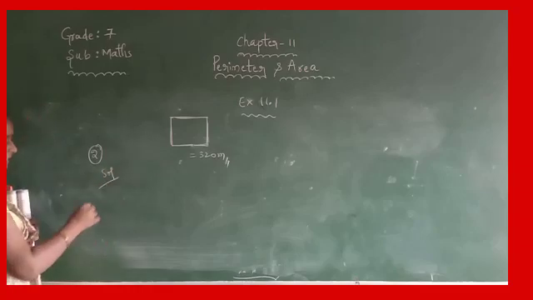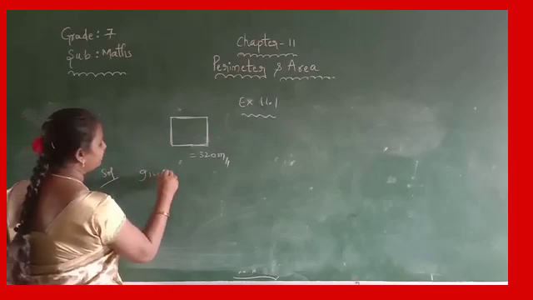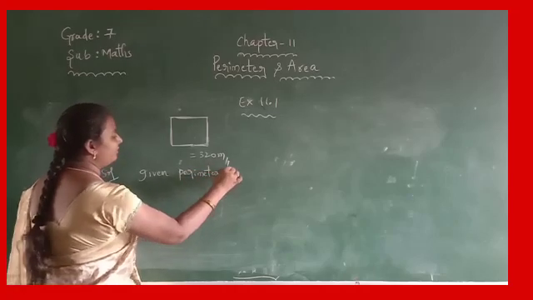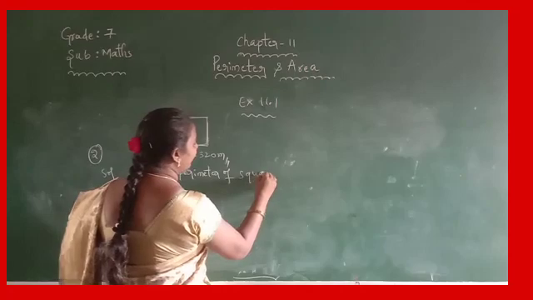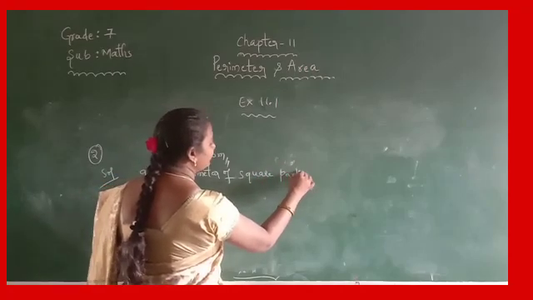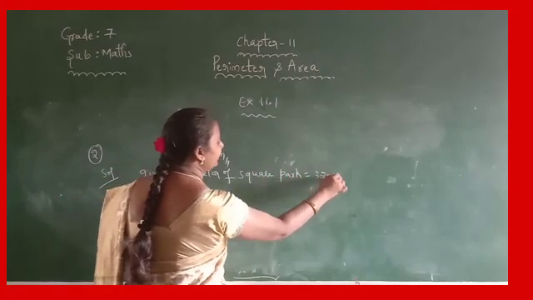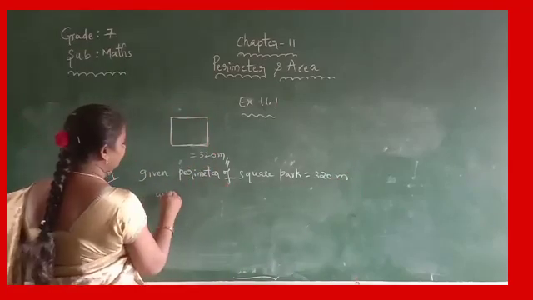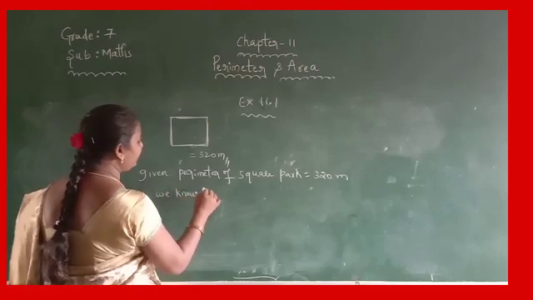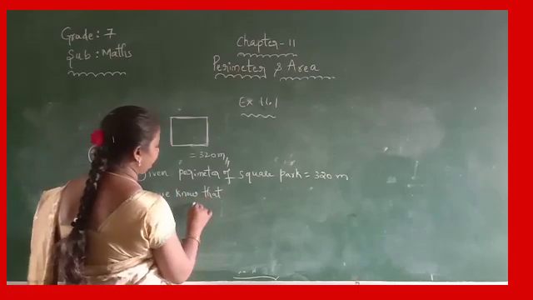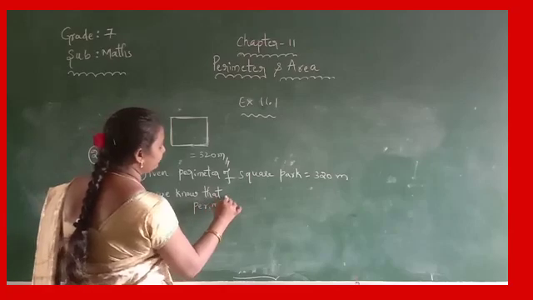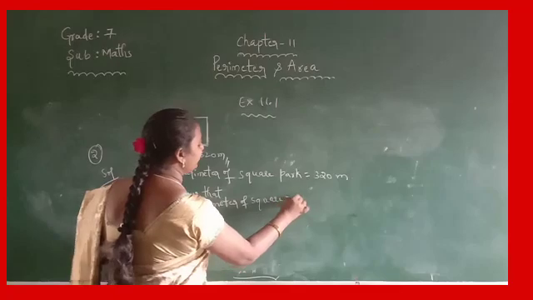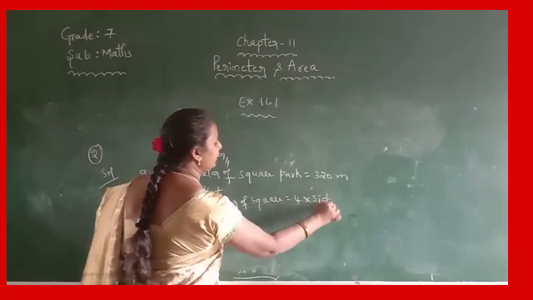Okay, first the given values, right? Given perimeter of square park. Perimeter of square park is 320 meters. We know that perimeter of a square is 4 into side.